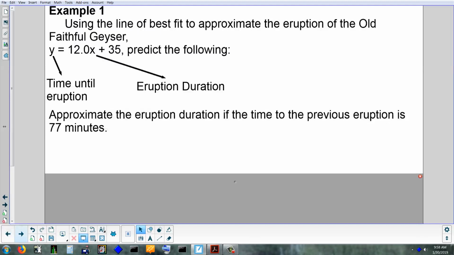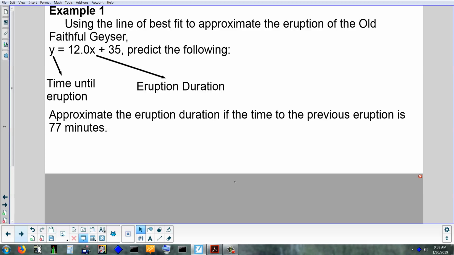So approximate the eruption duration if the time to the previous eruption is 77 minutes. All right? So we have two variables, right? We have the y, we have the x.